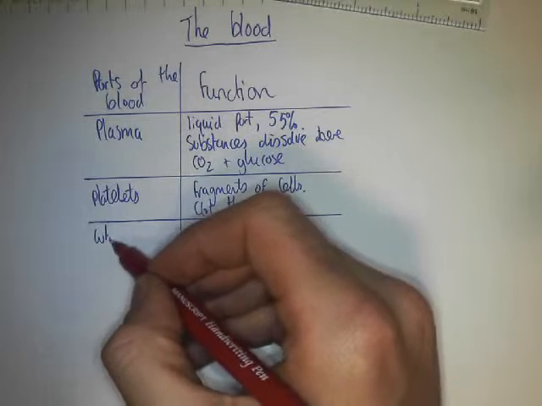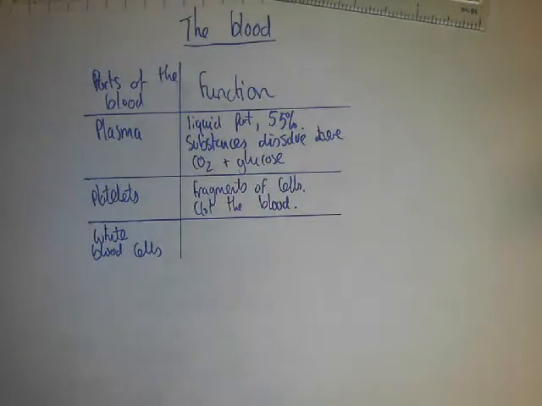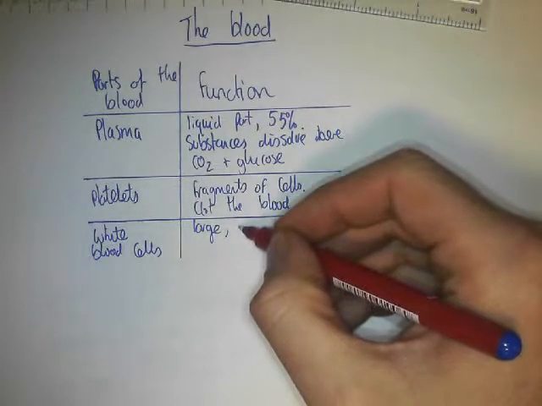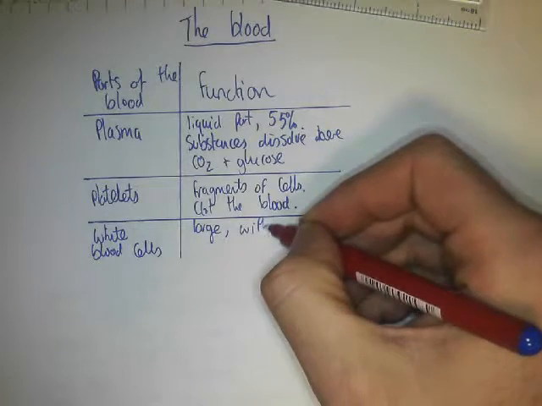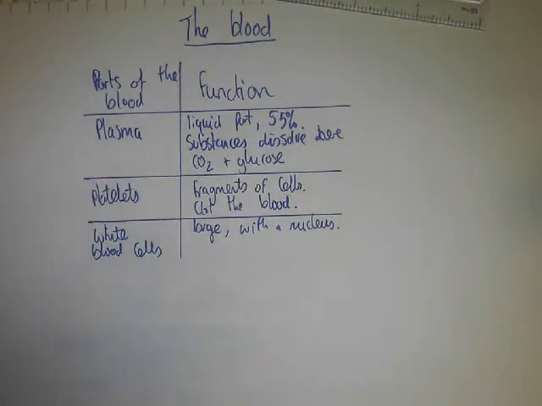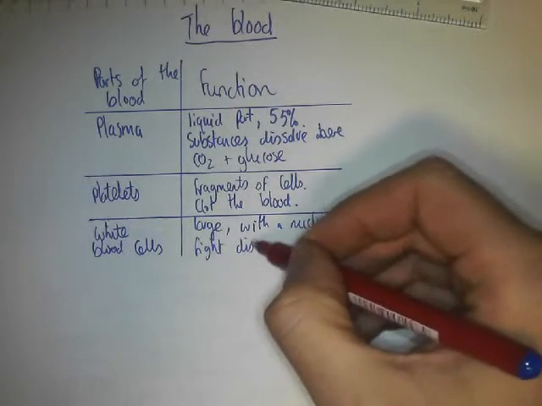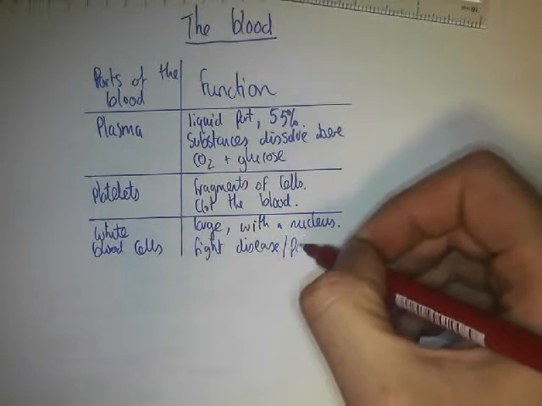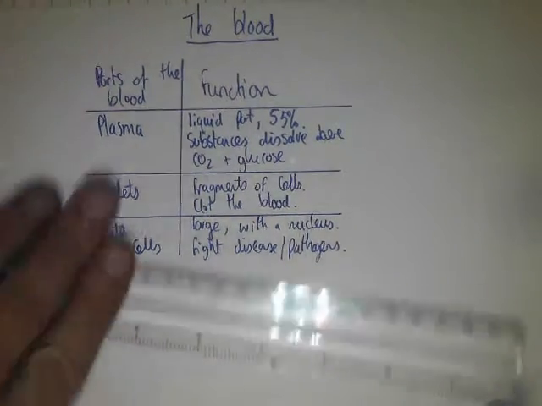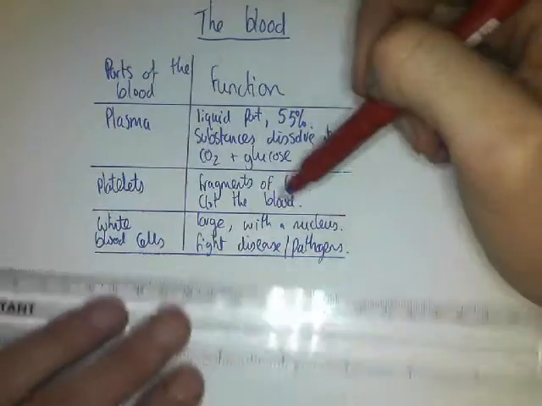And the next one is white blood cells. They are large with a nucleus and they fight disease, pathogens. Okay, so they kill off any foreign bodies in our blood.